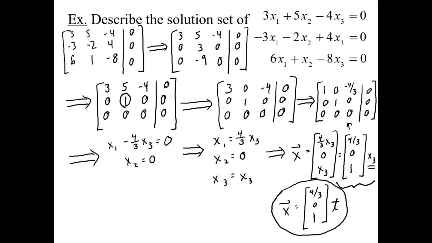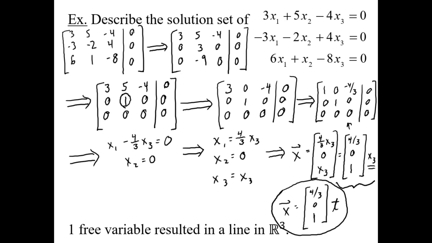So every single one of my solutions is going to be the same direction as 4 thirds, 0, 1, but the length will be different, right? Or if t is negative, it goes in the opposite direction. But the point here is because we had one free variable, we ended up with one parameter t. And because we had one parameter t here, the result is going to be a line in R3.